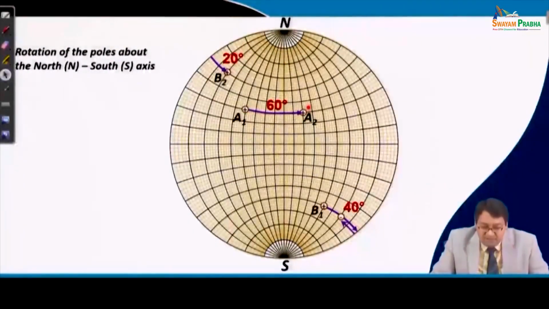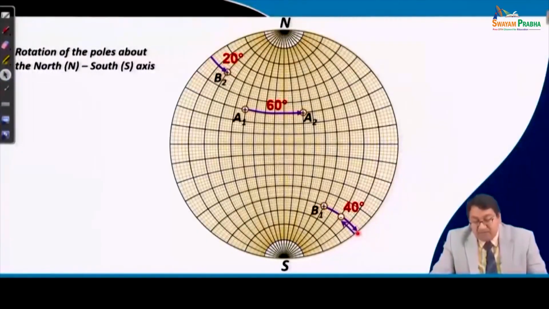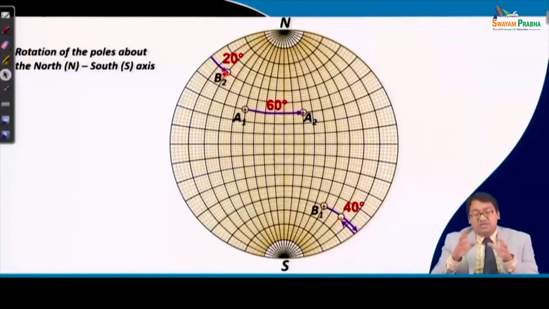Now, with respect to A1, the B1 is rotated. So, B1 will rotate 10 degrees, 20 degrees, 30 degrees, 40 degrees, and then it will come out here in the opposite direction, 50 degrees and 60 degrees. So, the position of B1 has now changed from here to here, right, because now we are seeing the opposite direction of the sphere.